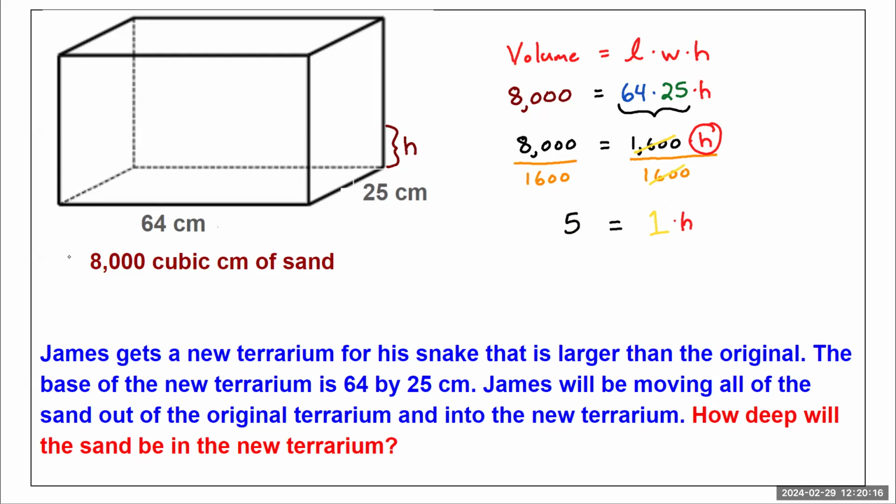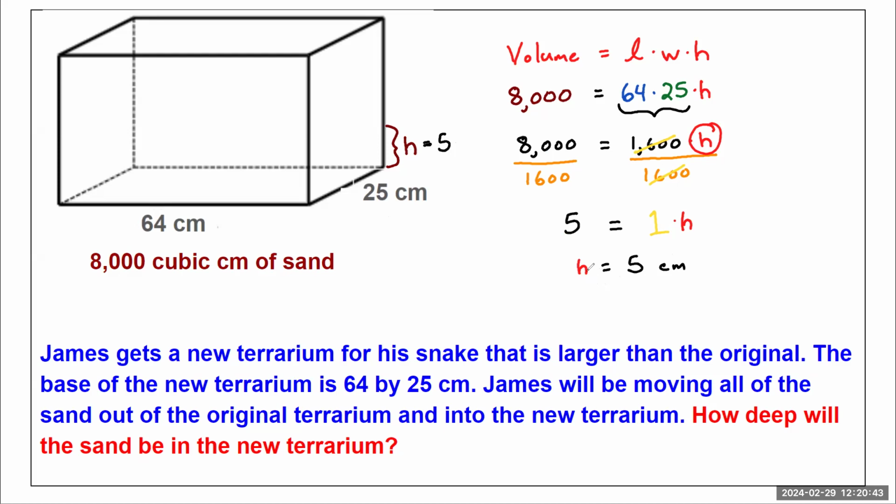So we can actually rewrite this as 1h, or our h variable, our height, is going to be equal to 5 centimeters. And we did say that our height was going to be less than 8 centimeters. 5 is less than 8. That does tell us we're probably close, but we need to make sure our answer is accurate and exact.